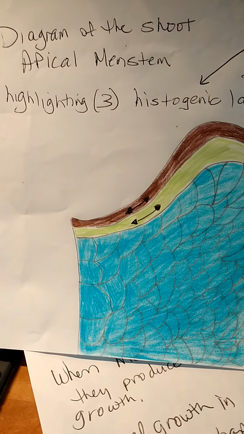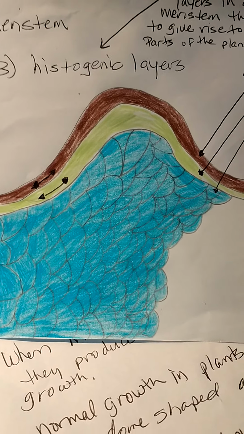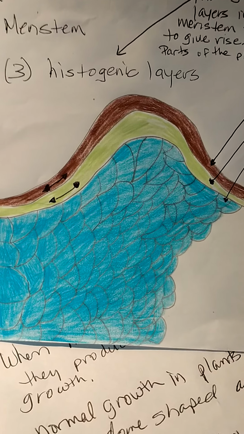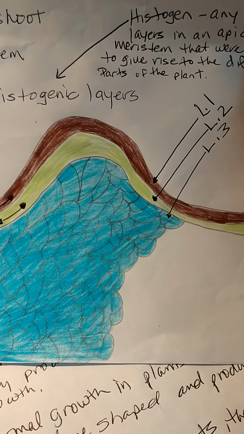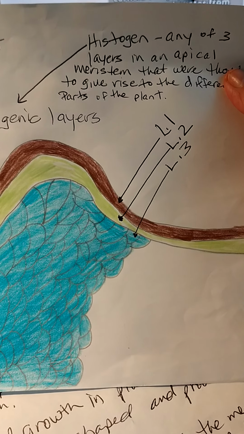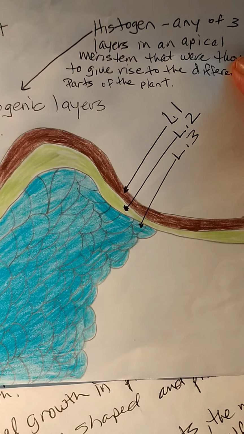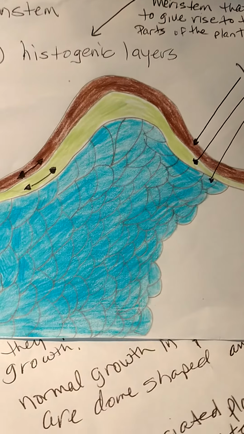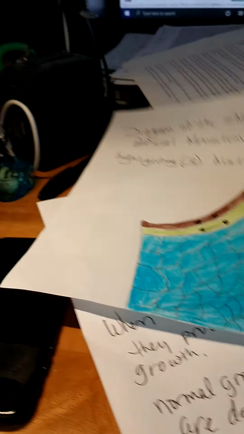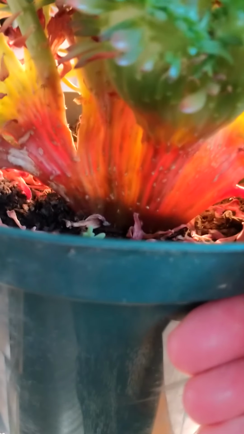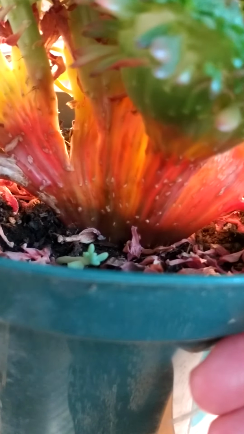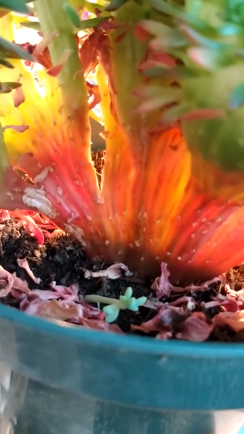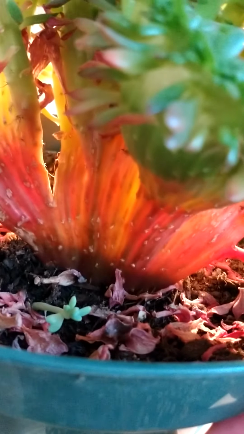Now, I visually have some kind of diagram here for you to learn about it. So the diagram on the sheet of the apical meristem shows there are literally 3 layers, which are called histogenic layers. Histogenic is any of the 3 layers of the apical meristem that were thought to give rise to making the difference in this plant. So when we hold her up to the light, we can see the stem roots, we can see the cell count, and we can basically see what's going on when it comes to the cell division.